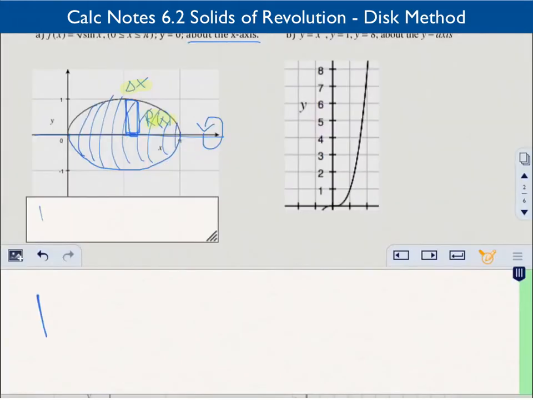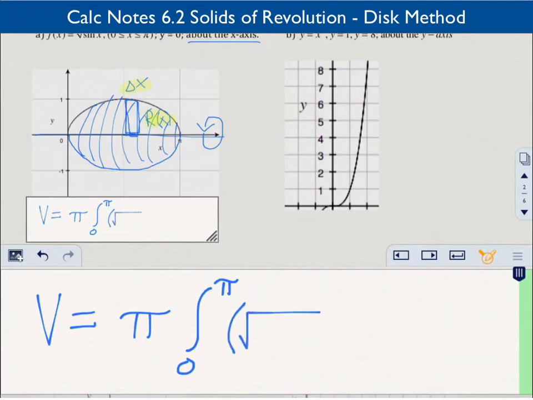So we do have the radius in terms of x, and the width will be delta x. So here, the volume is going to be pi times the definite integral from 0 to pi of the radius, which in this case is just r of x, so it's going to be the square root of sine x, squared, with respect to x.